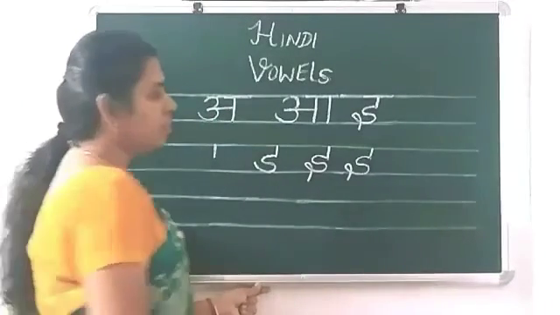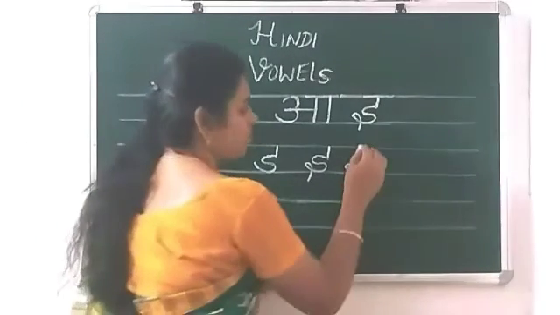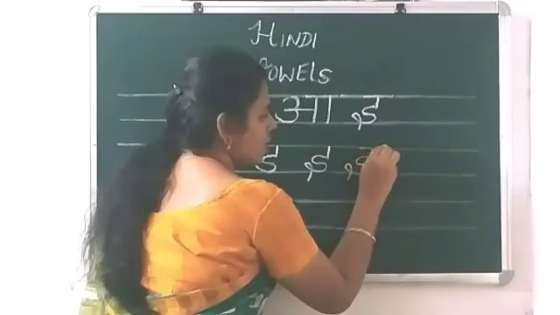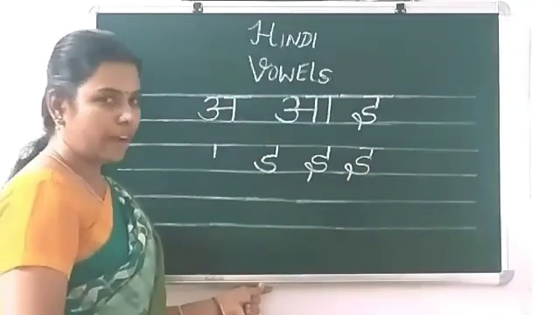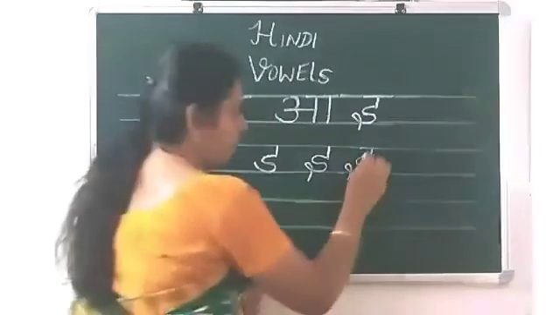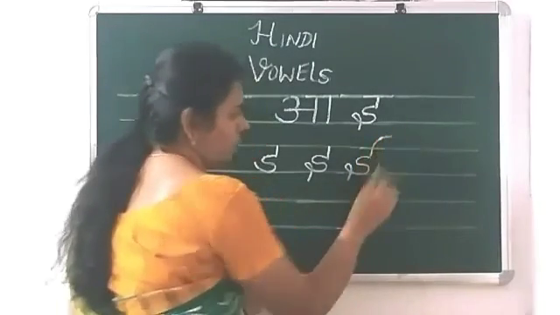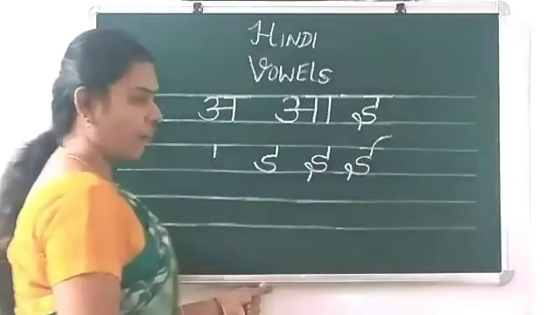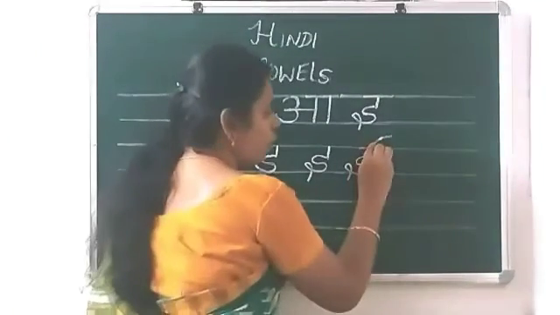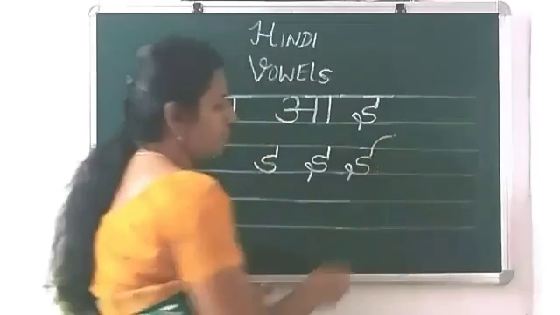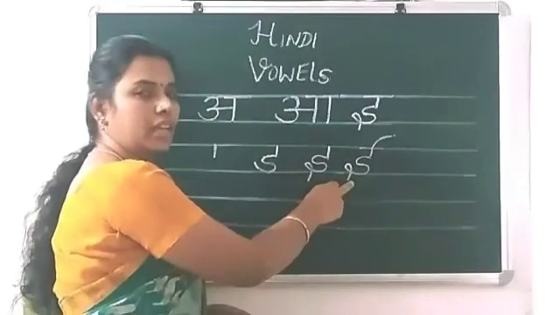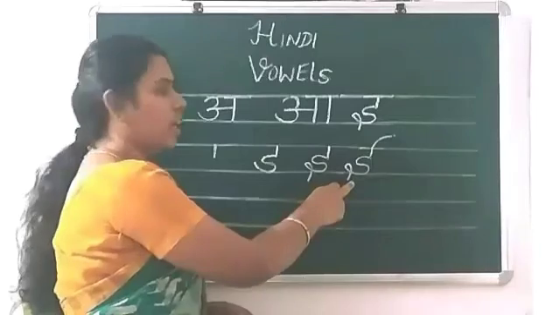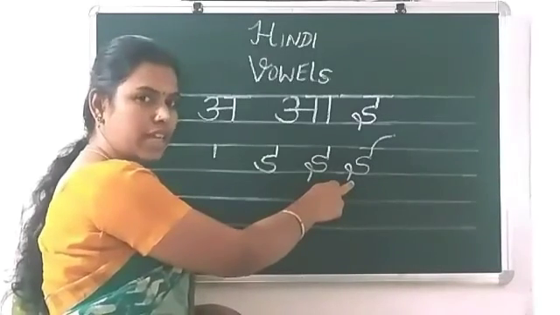And fourth step, draw a sleeping line on the top. And finally, draw a hook above it. What is this letter, children? E. Have you finished, children?